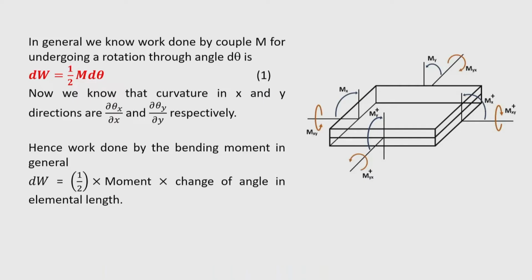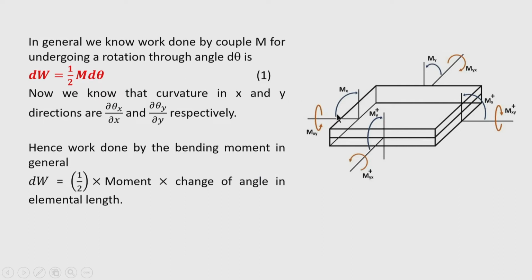Initially the couple is zero and is gradually increased, so the average value half M is taken, and within a rotational increment of d theta we take the strain energy expression as dW equal to half M d theta. dW is the work done by the couple, which is stored as strain energy. Now, let us see the d theta.